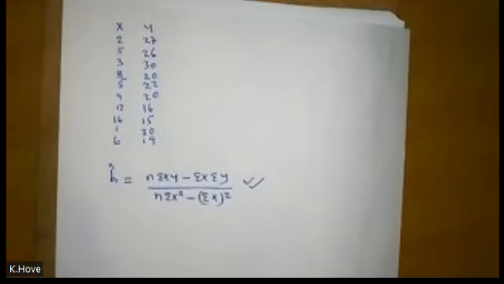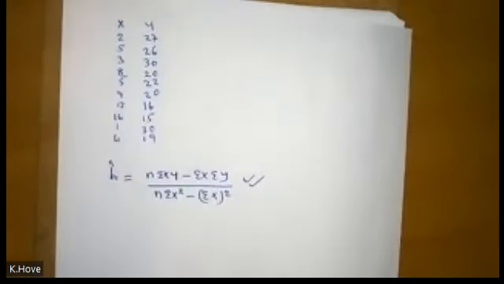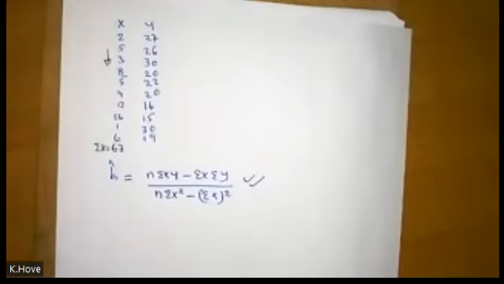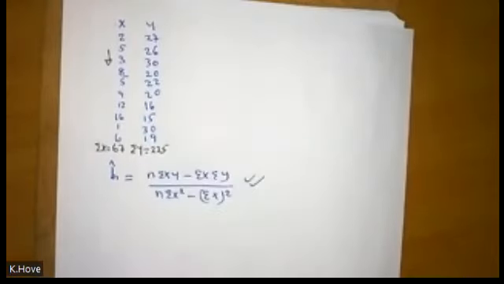So when you add 2 plus 5 plus 3 plus 8 plus 5 plus 9 plus 12 plus 16, you must get 67. So this is the summation of x. It's just adding the numbers downwards. Now, what is summation of y? If you add downward, you get 225. So you put on your calculator and you add.